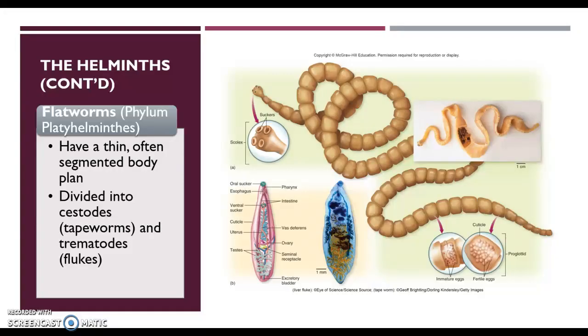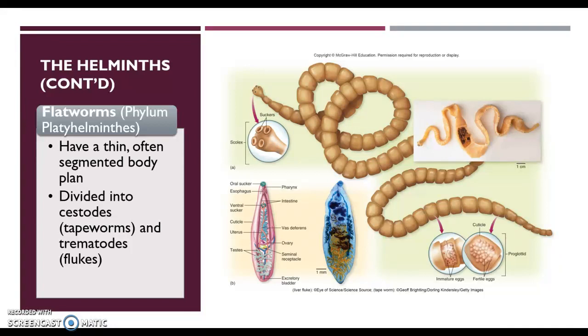So our first group of helminths are the flatworms, and these are classified in the phylum Platyhelminthes. They have a thin, often segmented body plan, as you can see in the tapeworm example there on the screen. And each segment is called a proglottid. And the proglottid is the means that tapeworms use to reproduce and infect hosts.